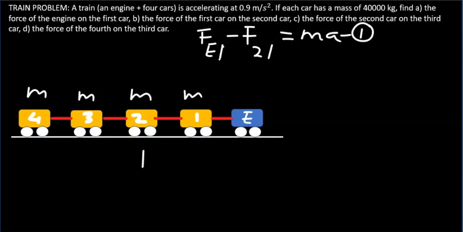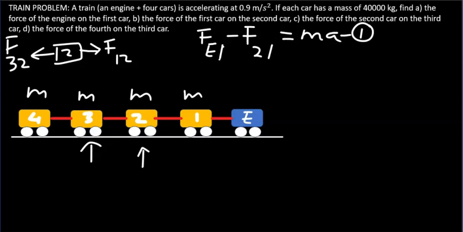Now let's look at car 2. Car 2 is being pulled forward directly by car 1. So the force is the force exerted by 1 on 2. And it is being pulled behind by car number 3. So that is the force by 3 on 2.